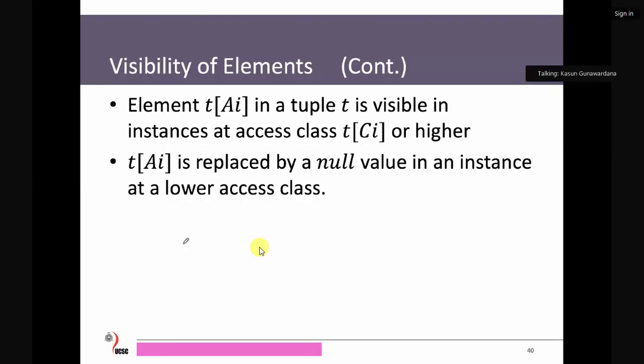An element Ai in a tuple T is visible in instances at access class TCi or higher. So what does it mean?